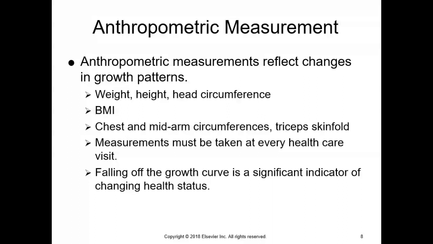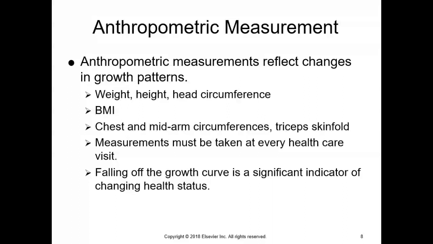The World Health Organization growth charts for ages birth to age 2 years plot length, weight, and head circumference measurements for age. They also plot the weight and length relationship, which can be used as an indicator for overweight or obesity in children. The CDC charts for ages 2 through 20 years plot measurements of height, weight, and BMI for age.